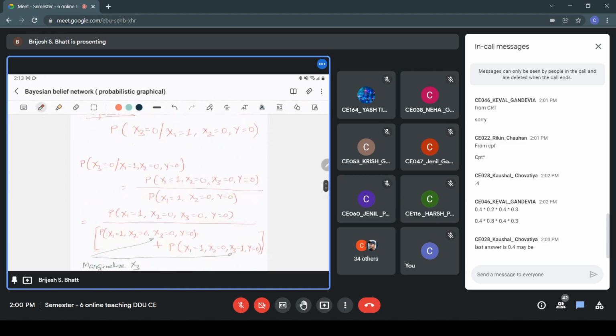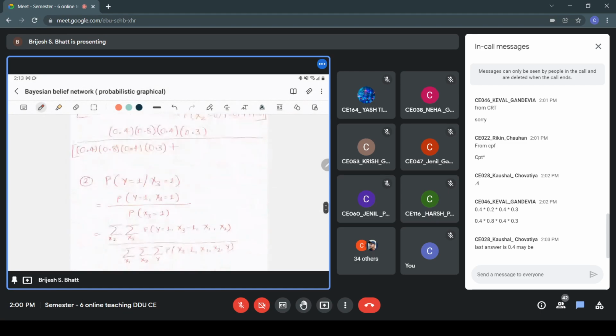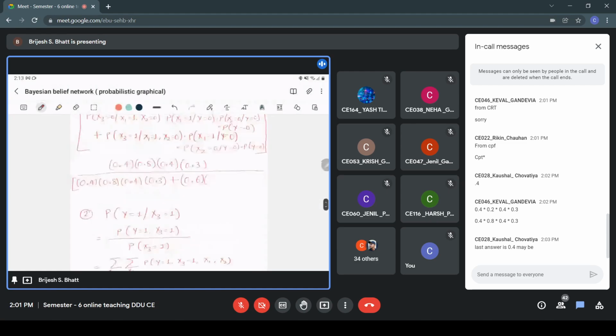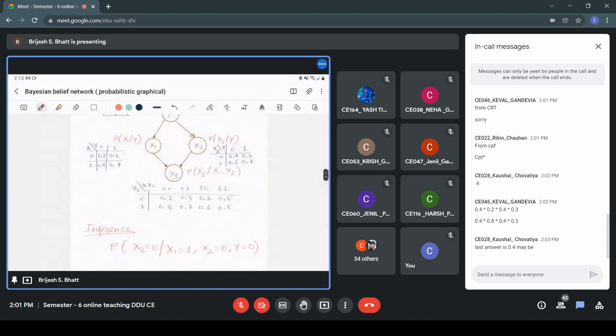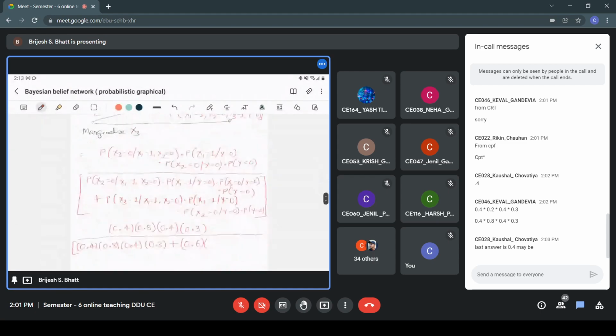That is 0.6, into probability of x1 equal to 1 given y equal to 0, that is 0.8.